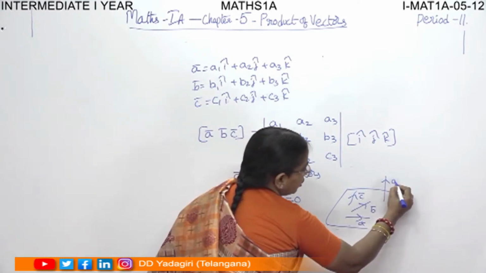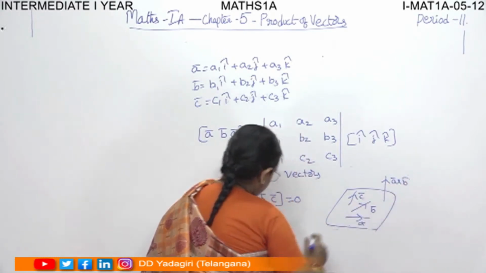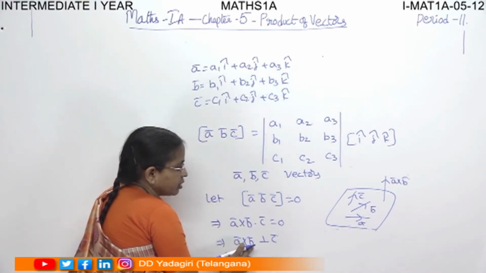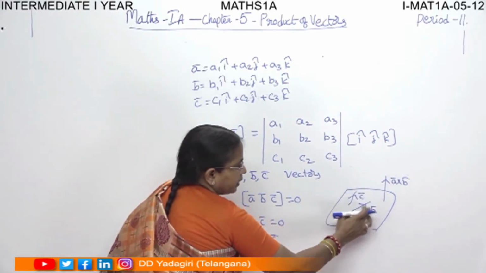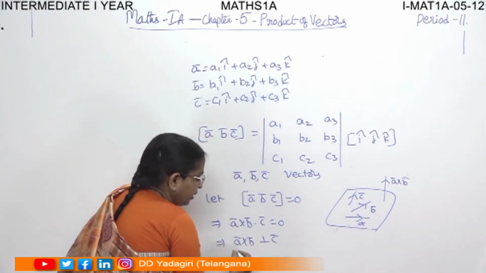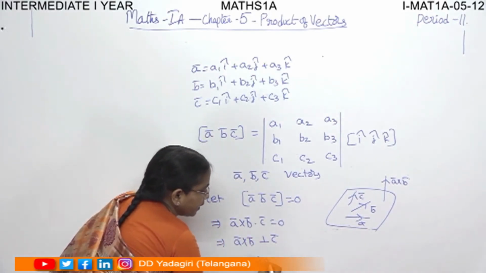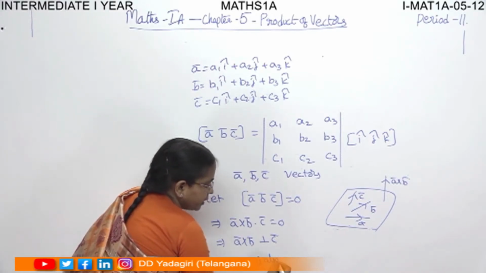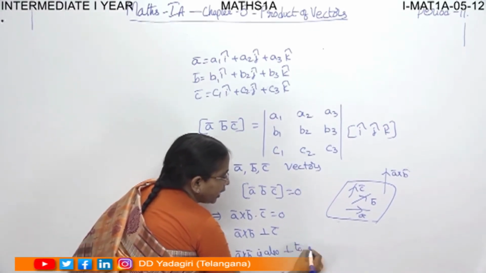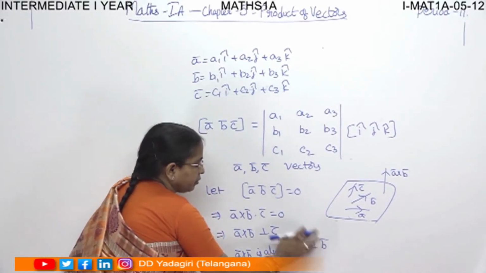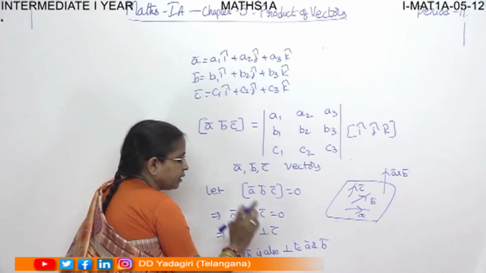This is the direction of A cross B, and suppose A cross B dot C is 0. Then A cross B is perpendicular to C. And we also know that A cross B is also perpendicular to A and B. A cross B is perpendicular to C.